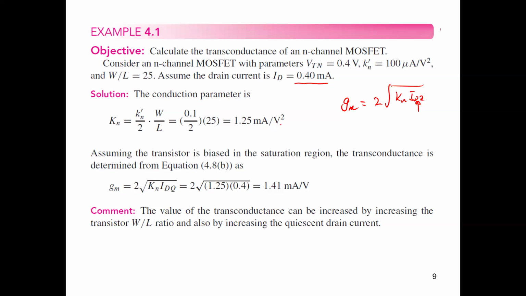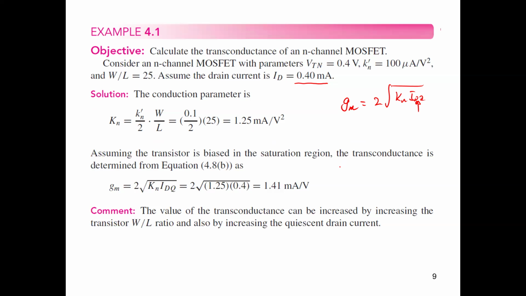Now, assuming the transistor is biased in the saturation region, this is 100% because it's working now as an amplifier, and we don't care about the transconductance anywhere else. So we care about this transconductance in the application of the amplifier.